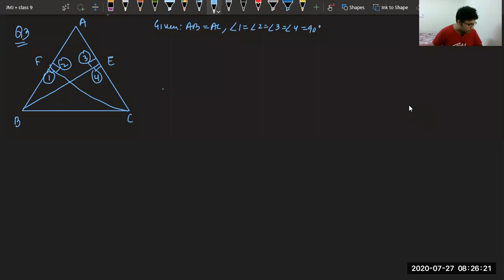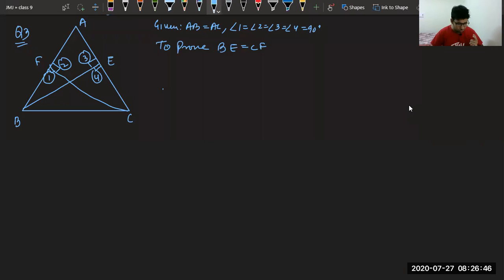Now they are saying, okay, prove that altitudes are equal. So we have to prove that BE equal to CF. Now all my students, please tell me, this BE and CF we want to prove equal. In which two triangles do you see them?